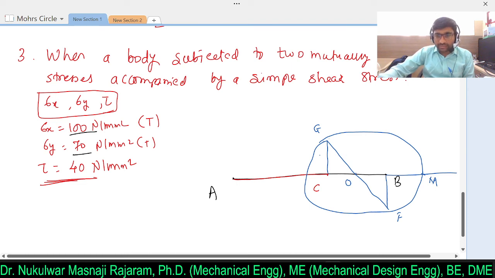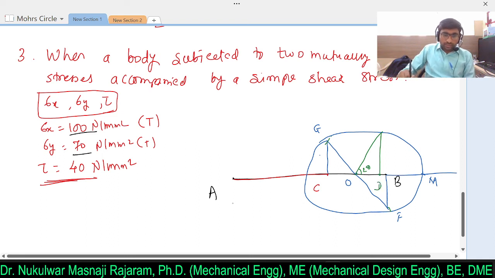And this circle is passing through this G point and F point. Clear? Now again from this O, draw a line at an angle of 2 theta, and from that drop one point. So this point will be the D point.